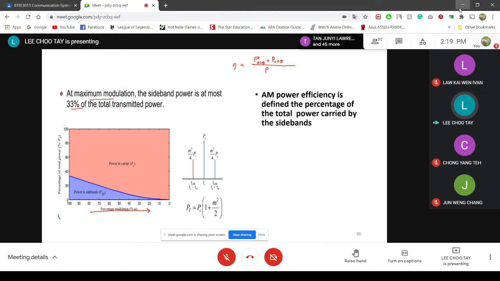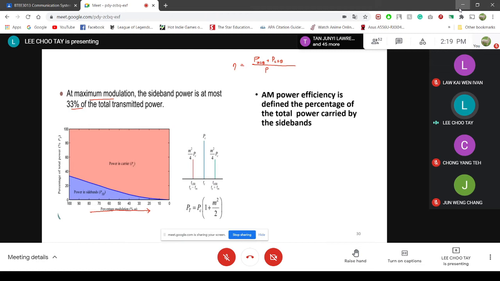And let's address the second, bandwidth. For double sideband full carrier signal, as far as bandwidth is concerned, it uses 2 times the necessary bandwidth, because we actually transmit 2 sidebands that contain the same information.